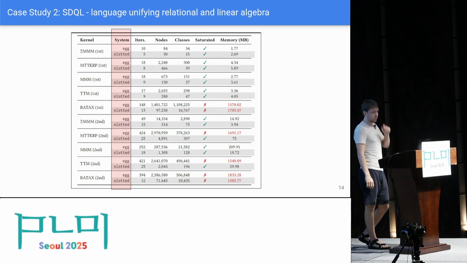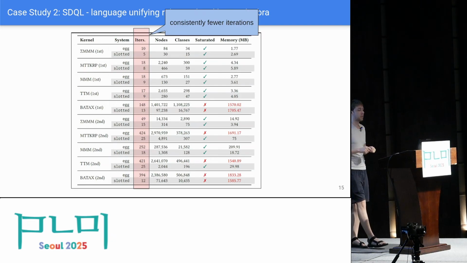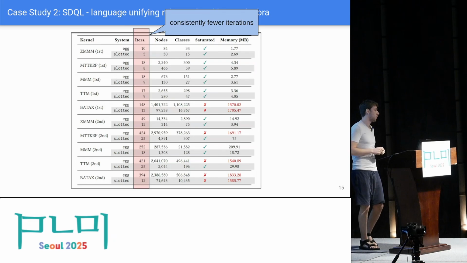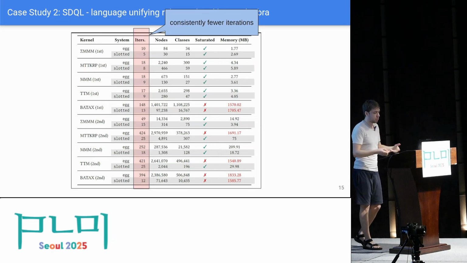And the first thing I want to point out is that the number of iterations for slotted is consistently lower, right? And that makes sense because egg de Bruijn is investing a lot of iterations just to shift indices, which is happening a lot, and costs iterations to do. And so because this is just not happening, you can just do stuff in few iterations.